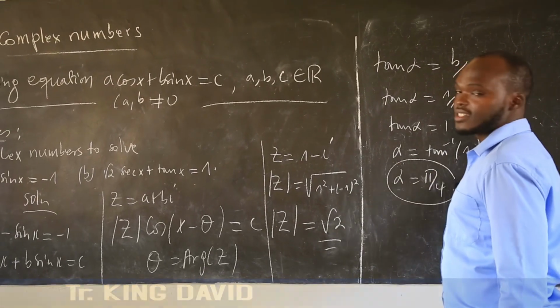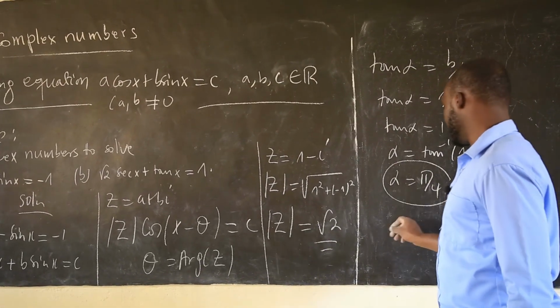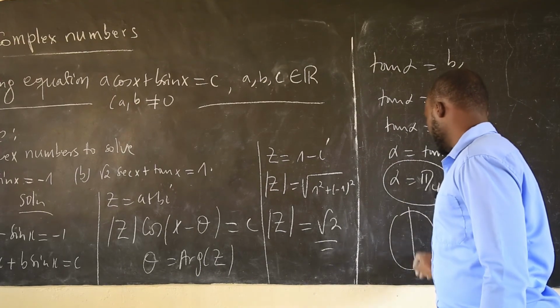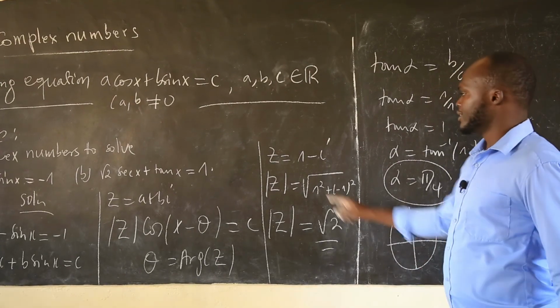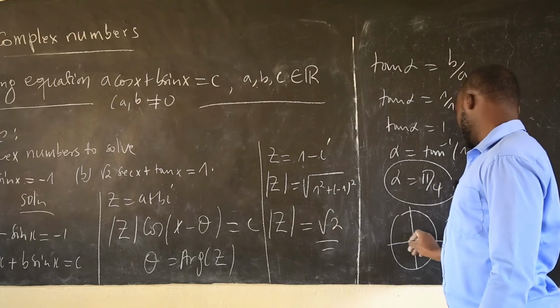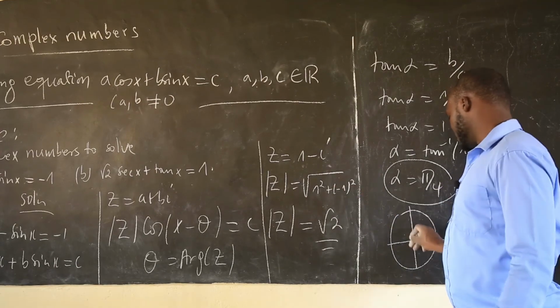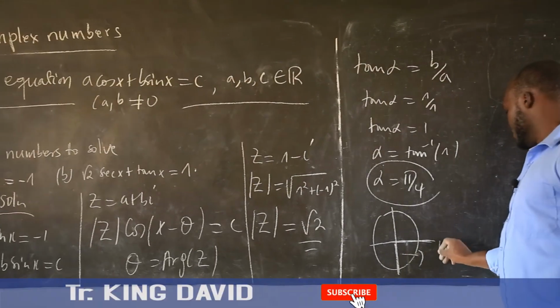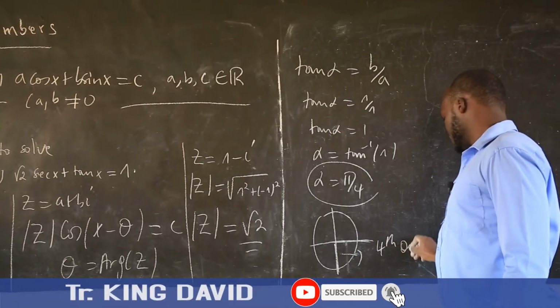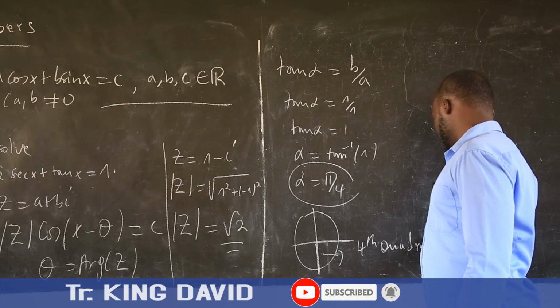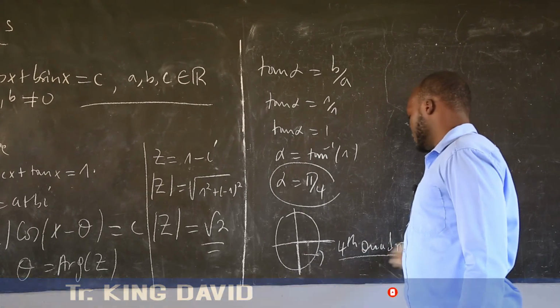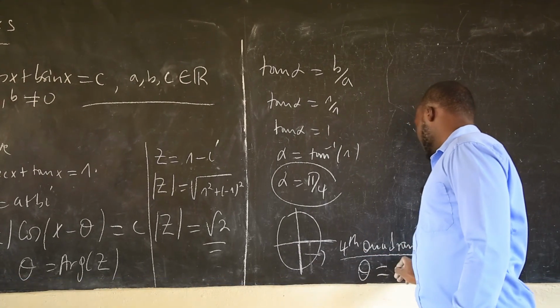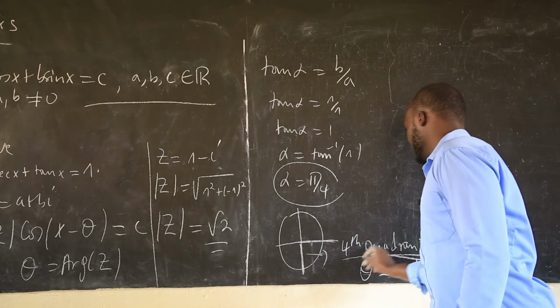Then we are going to consider the quadrant where that z is located. Our a is positive, but b is negative. So it is here in the fourth quadrant, and you know when it is in this quadrant, angle equal to negative alpha.